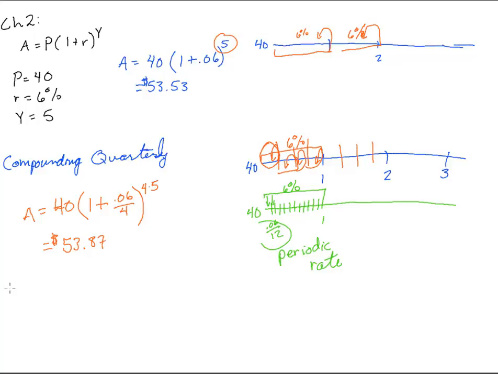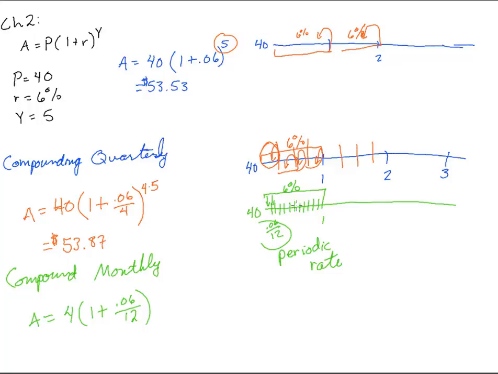So this would be if we compound monthly. We're now going to have A equals 40 times 1 plus 0.06 over 12. This is going to happen every month, so it's 12 times in the year. And how many periods do we have where we're going to be compounding?